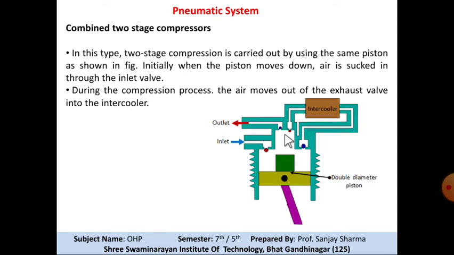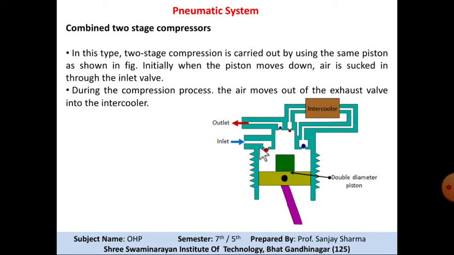So when it goes from top dead center to bottom dead center, the air is entering this chamber, and when the piston moves up, the air is transferred through the intercooler. It means whatever air is discharged through this, passing through the intercooler, will enter here, and thereafter it will compress and move out.